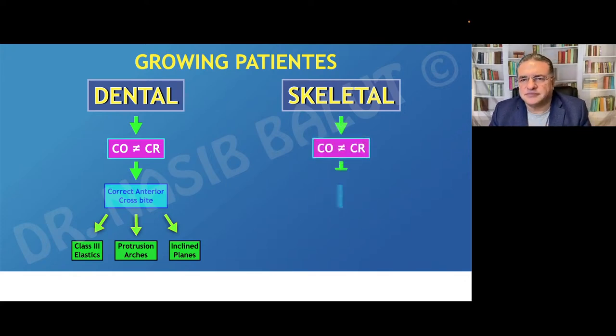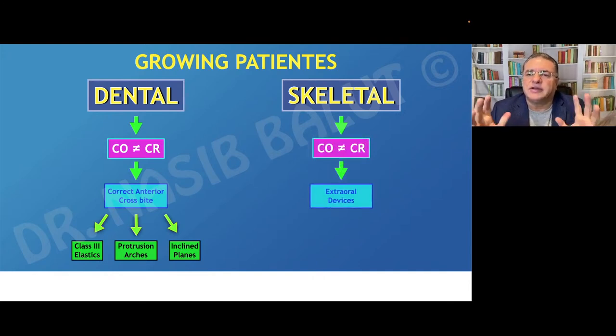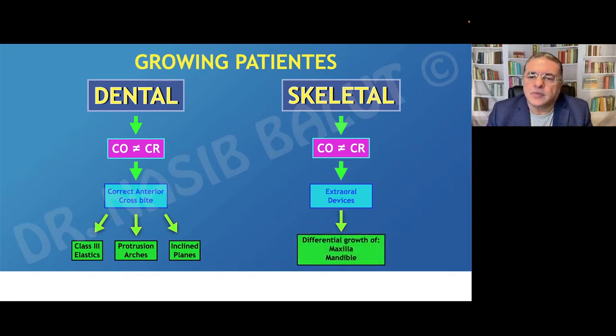Again, first of all, we have to check if there is a discrepancy between centric occlusion and centric relation, and we will try to do some orthopedics like a face mask, and we will be using differential growth of the maxilla or the mandible. It will depend on how severe.